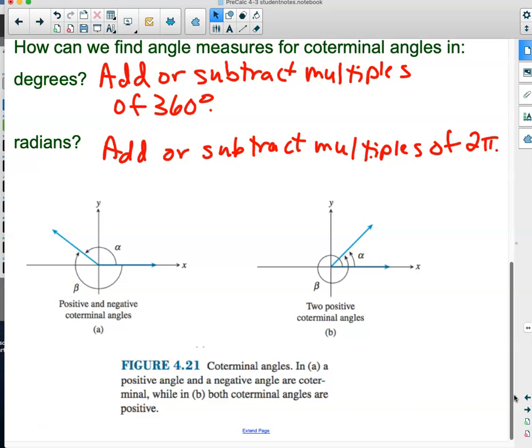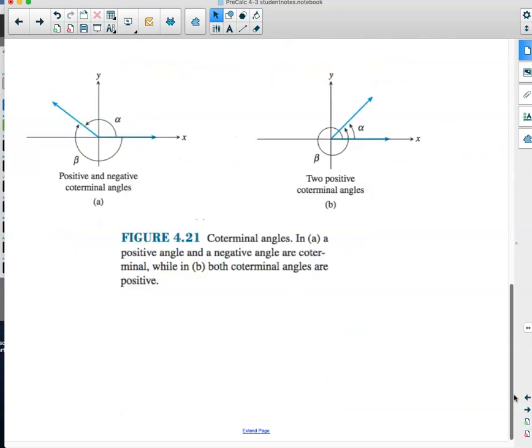So a positive and a negative angle can be coterminal, and both coterminal angles can be positive. We can get whatever we need. If they ask us for a positive and a negative, we'll add and subtract multiples of 360 or add and subtract multiples of 2 pi. They just have to tell us what they want.